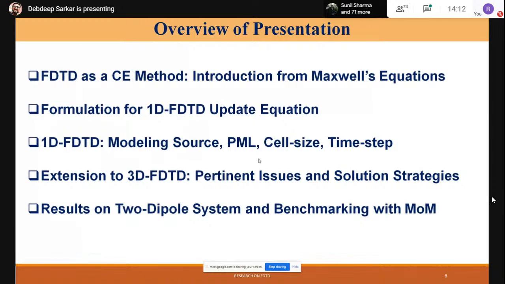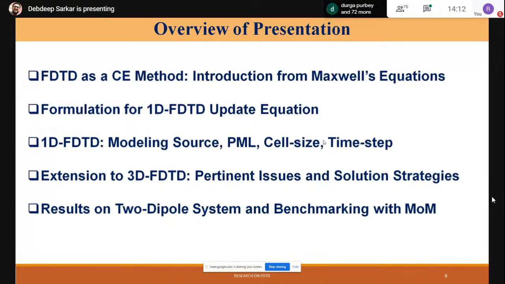The interesting part is that you can introduce FDTD in an easier way compared to some of the other techniques. Mostly because, and it will be apparent from my talk also, if you have knowledge of Maxwell's equations, well, at the undergrad level or the first year of master's courses in most institutes, we have some introduction to Maxwell's equations.